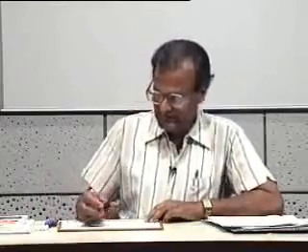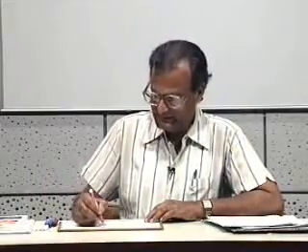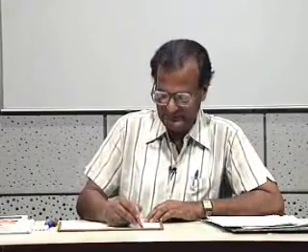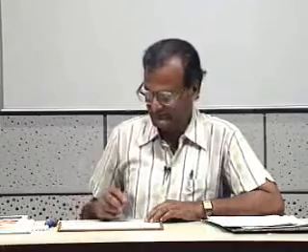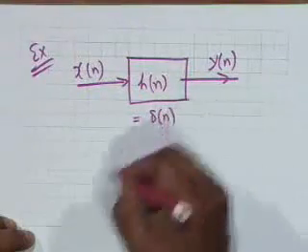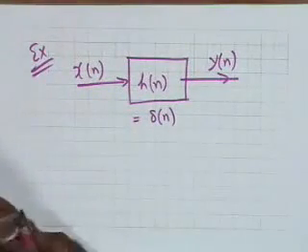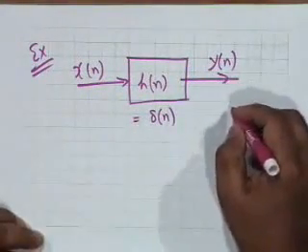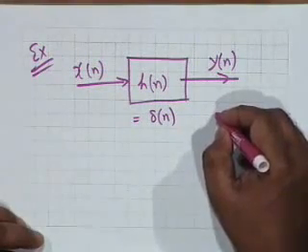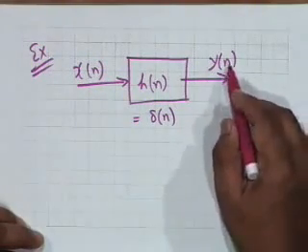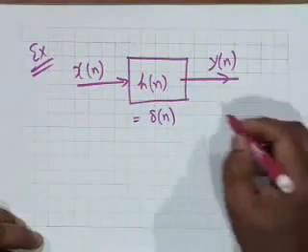The first example that we take is that of a linear time invariant system described by h[n]. This is x[n], a trivial example, and this is y[n]. And h[n], let's say, is equal to delta[n]. Then what is y[n]? What is the relationship between y and x? y equal to x.